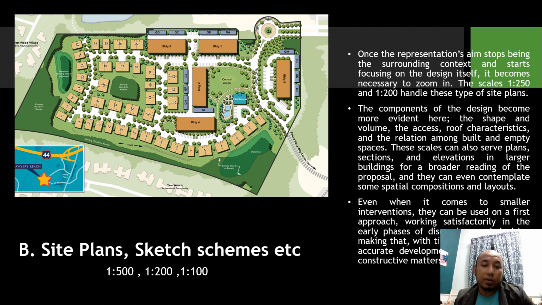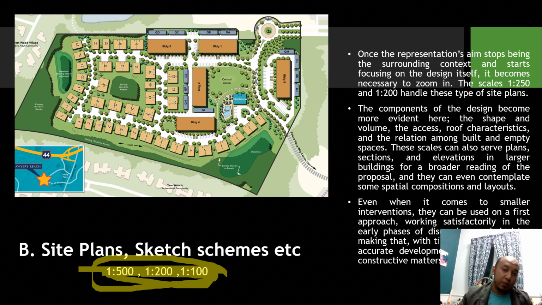Okay, for the site plan sketch schemes, you can see the ratio here. So in version 1 of the representation, the aim stops being the surrounding context and starts focusing on the design itself, and it becomes necessary to zoom in on the scale. 1:250 and 1:200 handle this type of site plan.